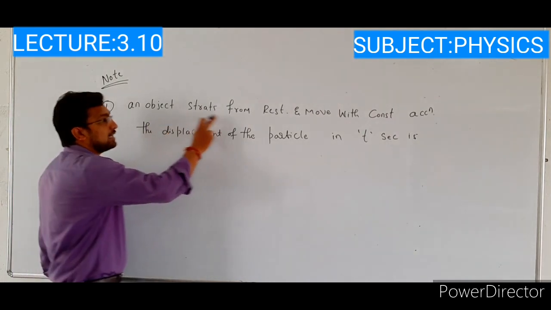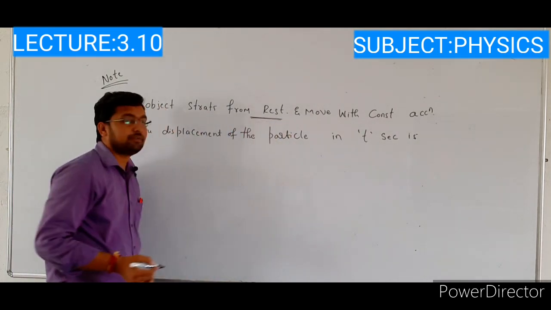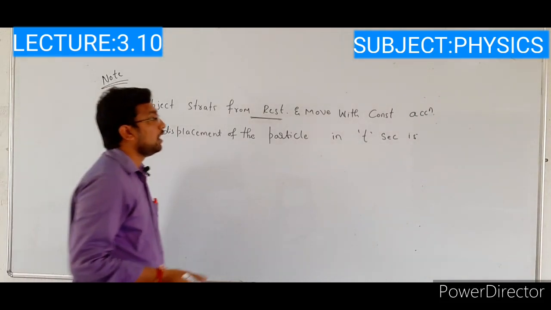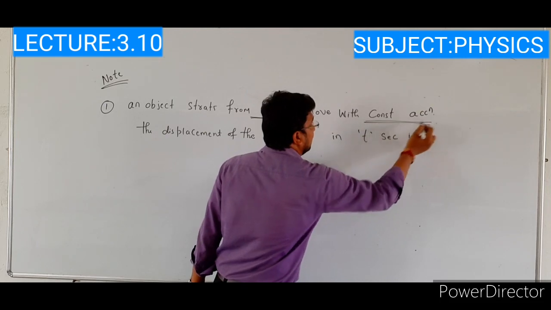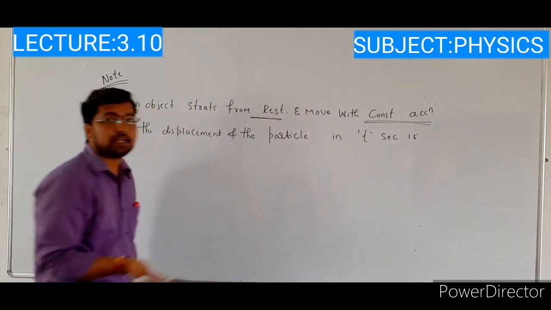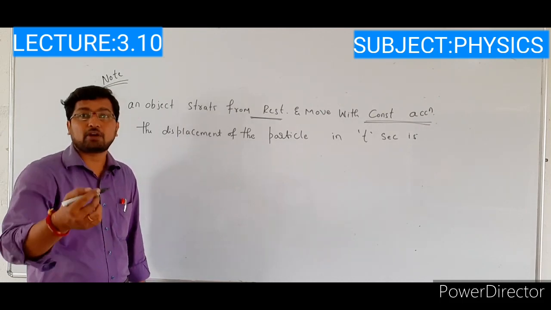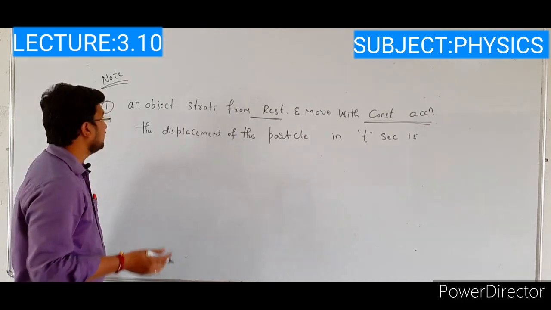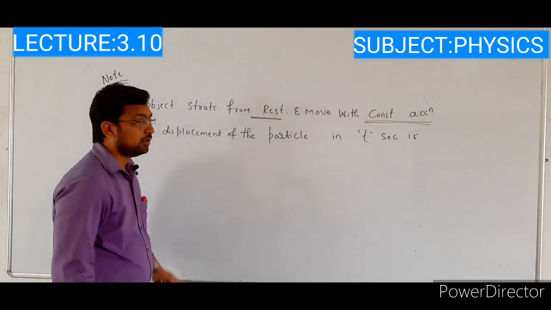An object starts from rest means initial velocity of an object is 0, and moves with a constant acceleration. So in this case the acceleration is constant, right? Or that body is moving with a uniform acceleration. Then the displacement of the particle in t second is, okay, see here.